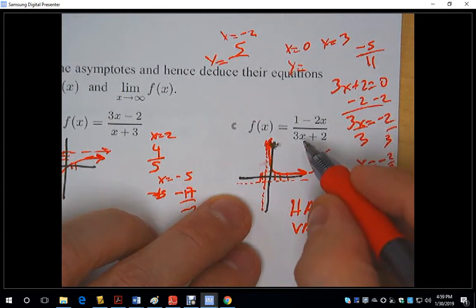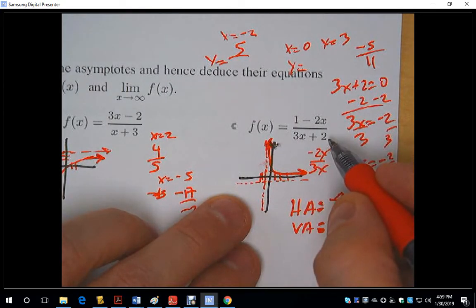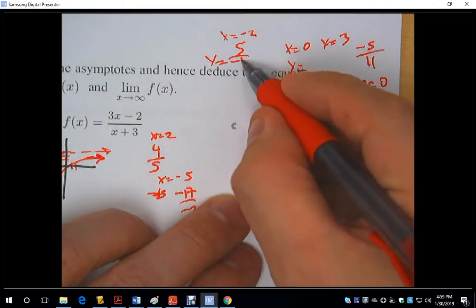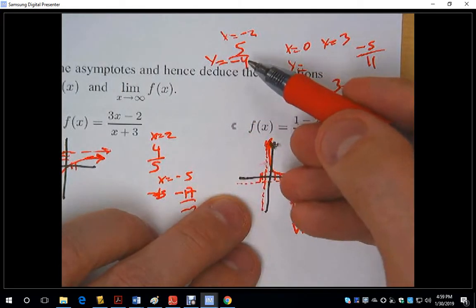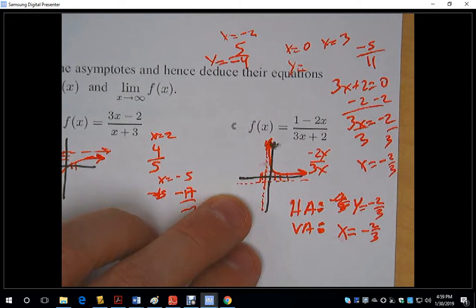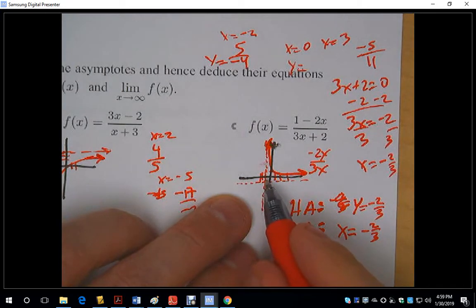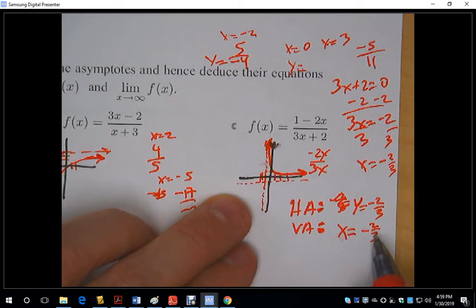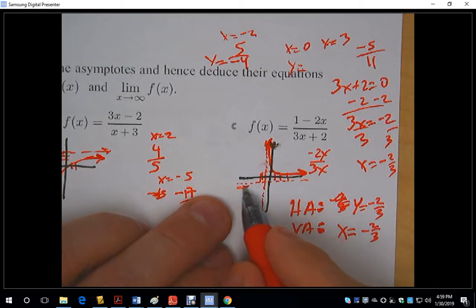And then 3 times -2 is -6. -6 plus 2 is going to give me -4. So that's -5/4, which is -1 and something. So -1 and something is going to be less than -2/3. So I have a graph that's going to be down here.